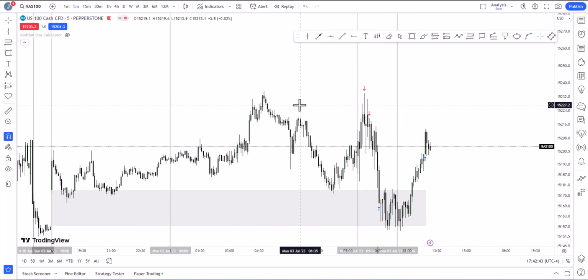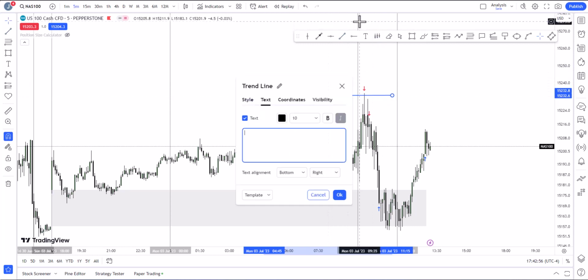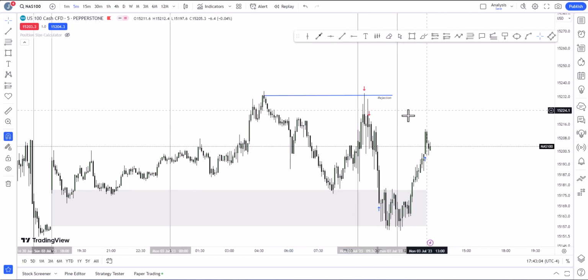what I was basically seeing at the time, so right above here we have a rejection block. Okay. There for clarification. So that was formulated just at the end of the London session.